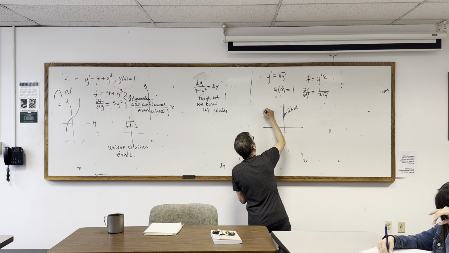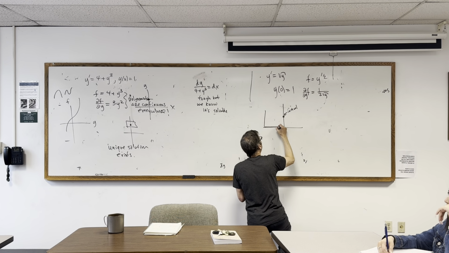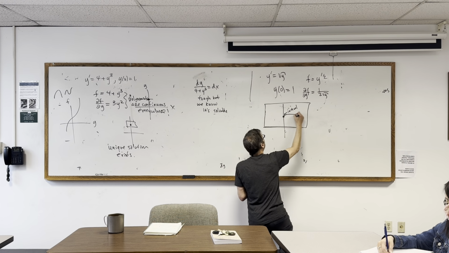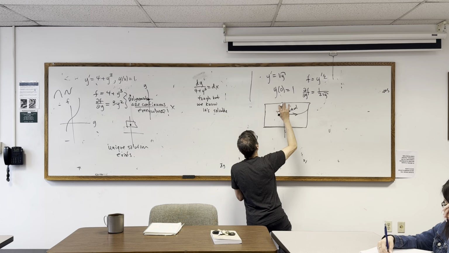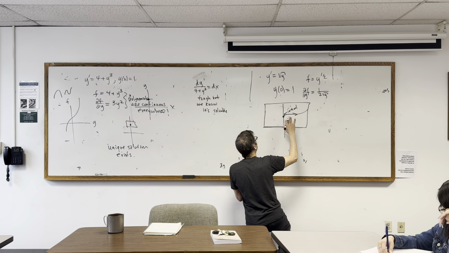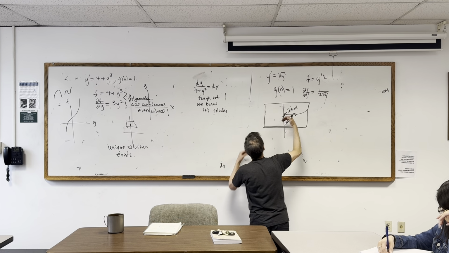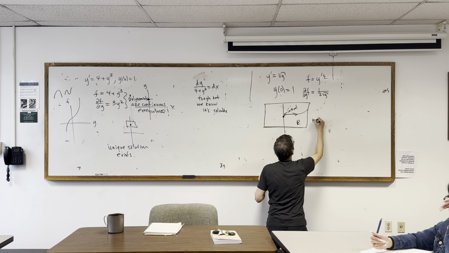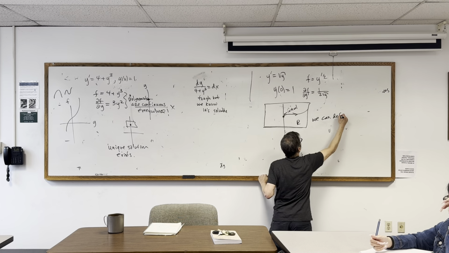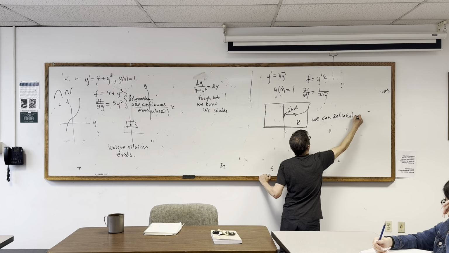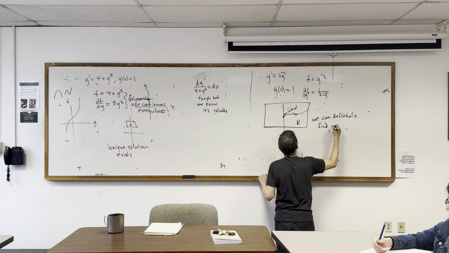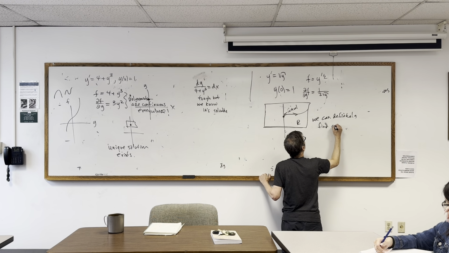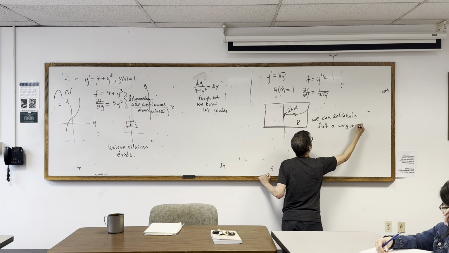All I need to do is make sure that my rectangle doesn't extend below this axis, and I'm guaranteed a unique solution in this rectangle, because that initial condition gives me space below it to create a rectangle. We don't know how long the solution will exist, but we can definitely find a unique solution to this problem.